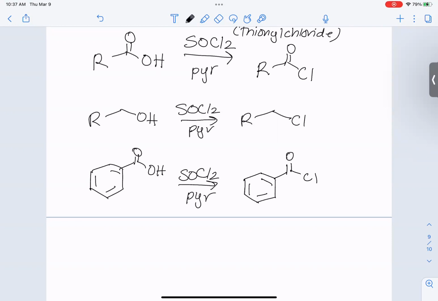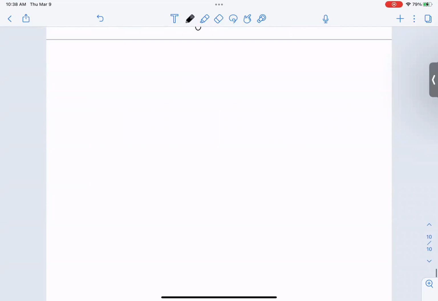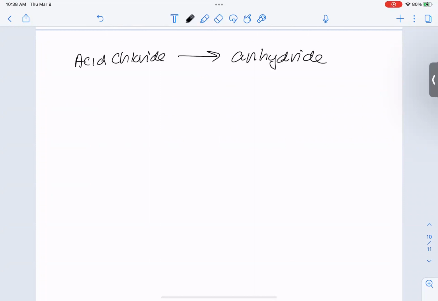What we are going to see is that you can take a more reactive carboxylic acid derivative and make a less reactive one, but you can't go the other way, okay? So an acid chloride can be used to make an anhydride. It can be used to make an ester. It can be used to make an amide.